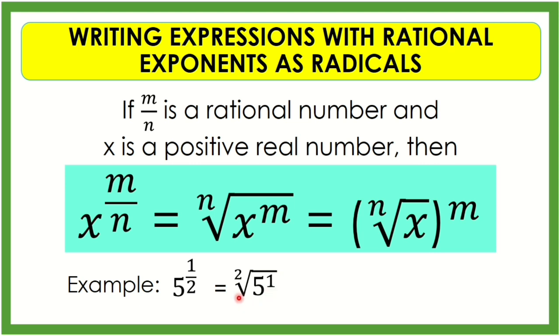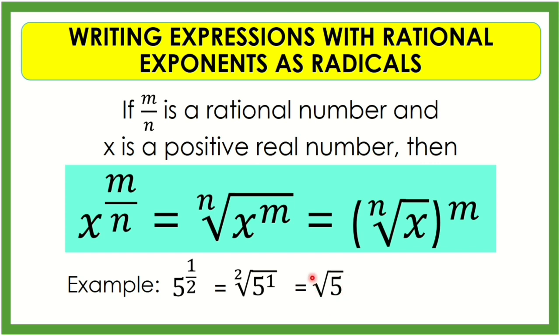Okay, remember, kung ang ating index ay 2, hindi na natin isinusulat yung 2. So, alam na natin na yun ay 2 or square root. And then, kapag ang exponent ay 1, hindi na rin natin siya sinusulat. So, understood na yun.